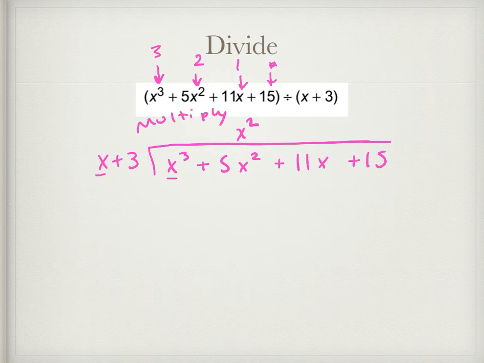So x squared times x is what? X cubed. What's x squared times 3? 3x squared. What do we have to do next? Change the sign. So this becomes negative and this becomes negative.